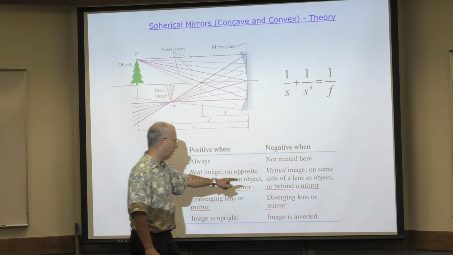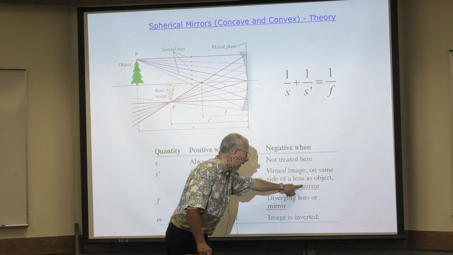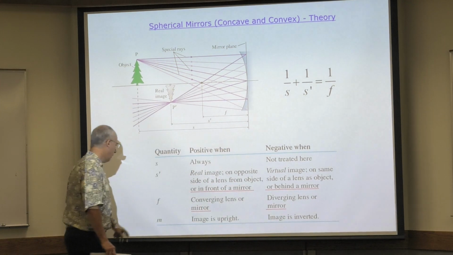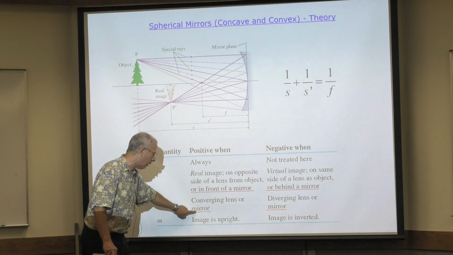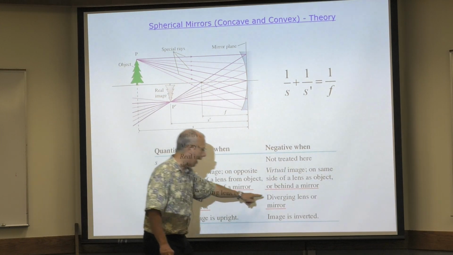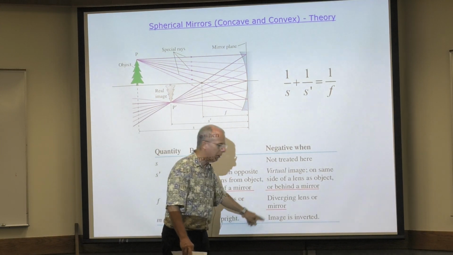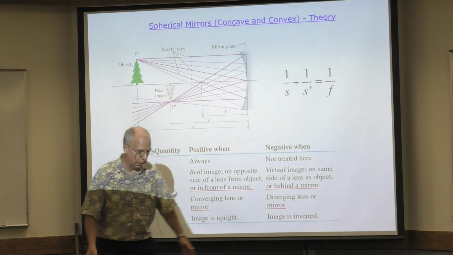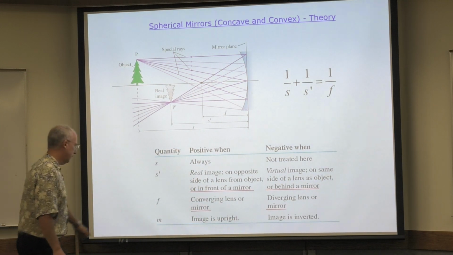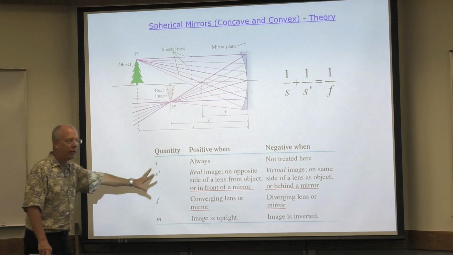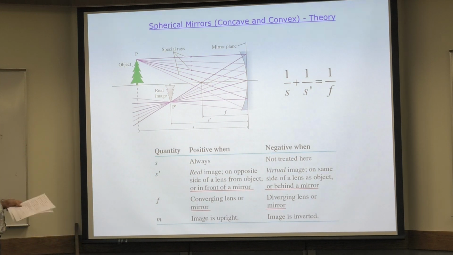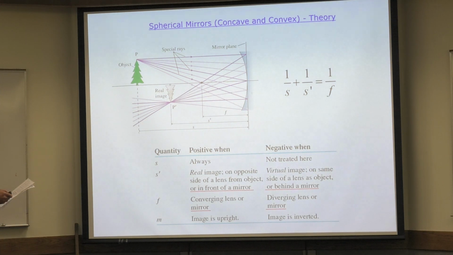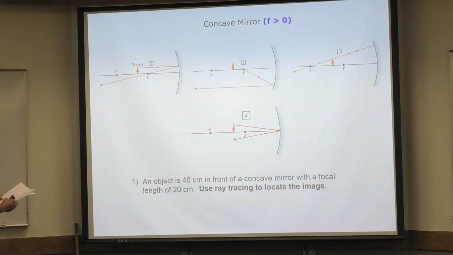It's negative when the image is behind the mirror. The focal point is positive for a converging or concave mirror. The focal point is negative for a diverging mirror, or what I would call a convex mirror. And then it's all the rest of it. So it's nice, right? There are so many similarities here. You don't have to memorize a gazillion things. All right, so let's do it.